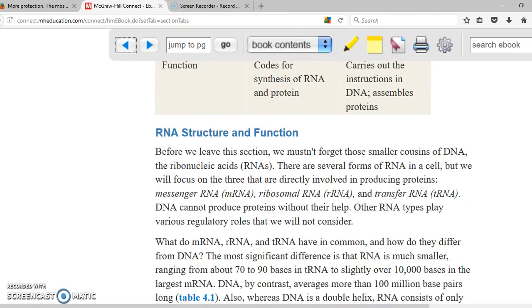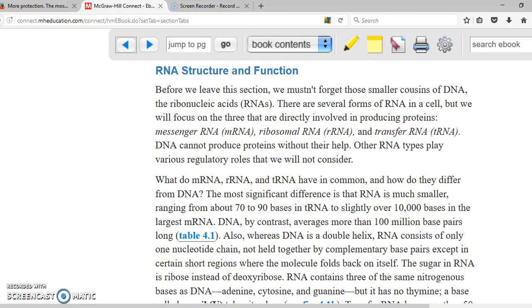If we scroll down from the table, we're going to see here the RNA structure and function. We said that RNA has a single strand, and it has uracil, the letter U, instead of the letter T. Also, RNA has ribose instead of deoxyribose. And where does the RNA come from? From the DNA. What is the job of the RNA?